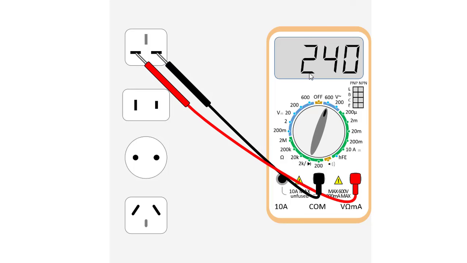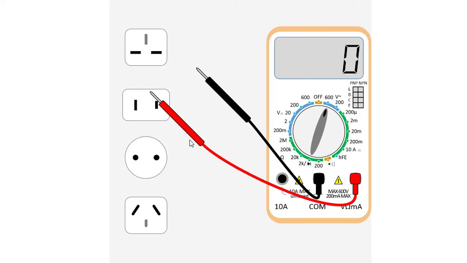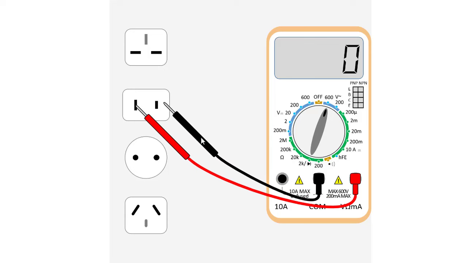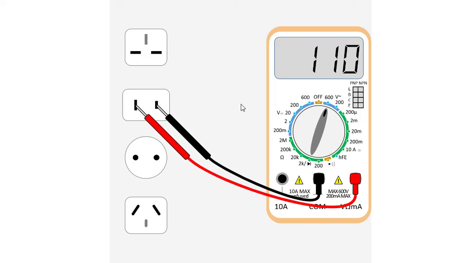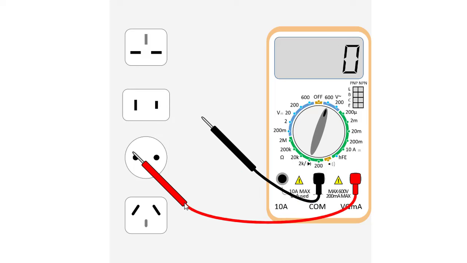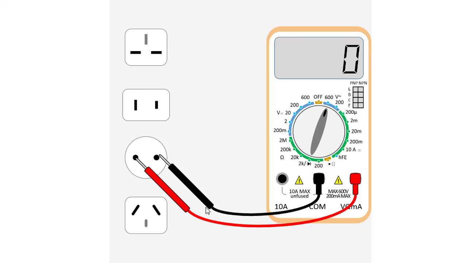So here we can see we are getting the 240 volt AC voltage. Now let's check this. Here we are getting 110 AC voltage, 110 volt. Now let's check this. So here we are getting 220 volt.